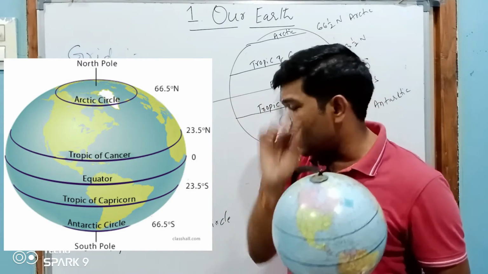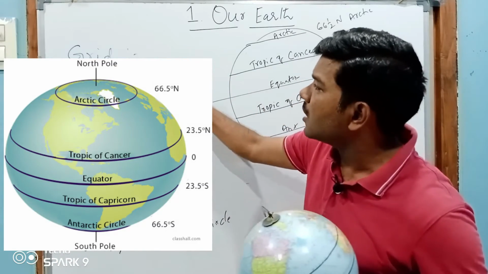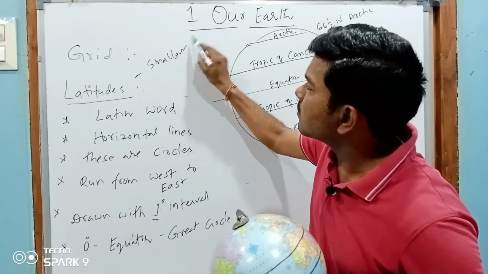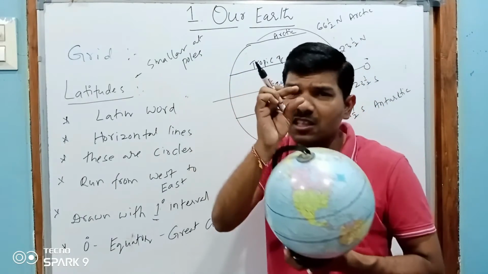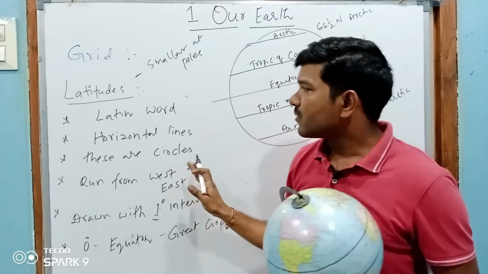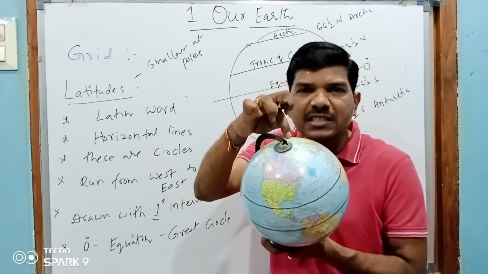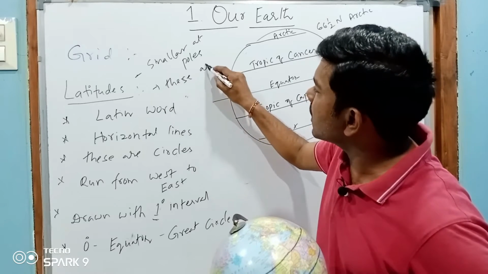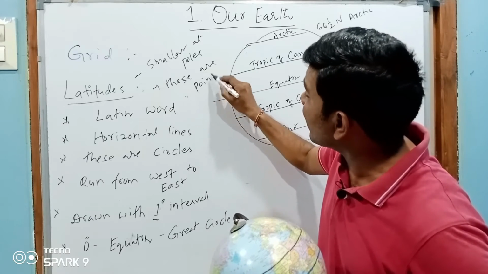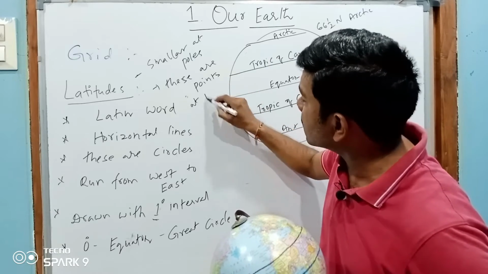If you see, these lines are smaller at poles. The size of the latitude decreases. So you can say that these are points at poles.